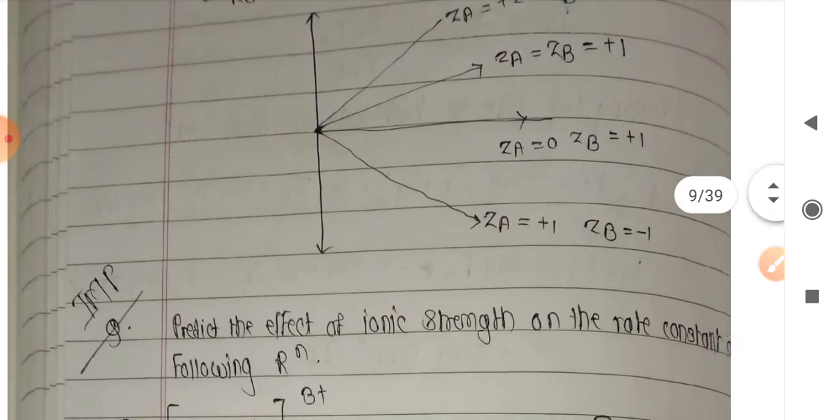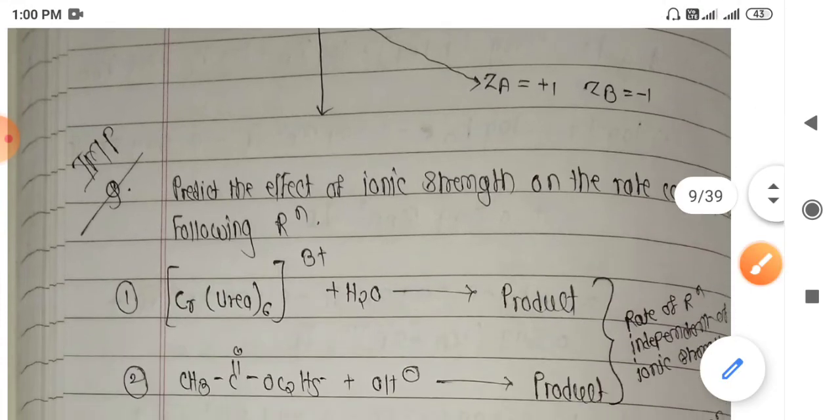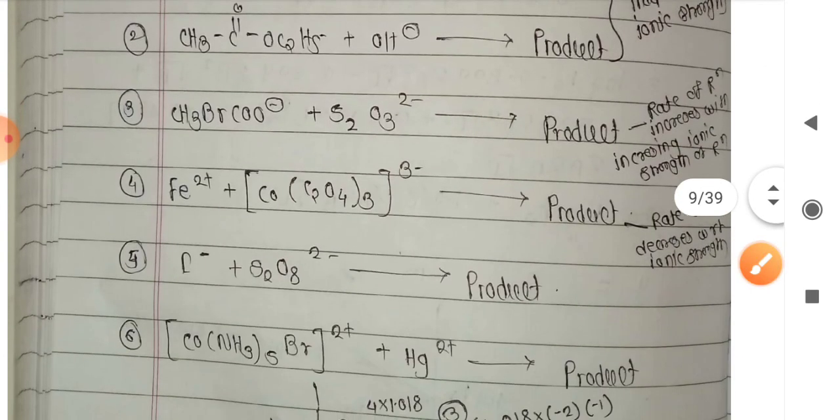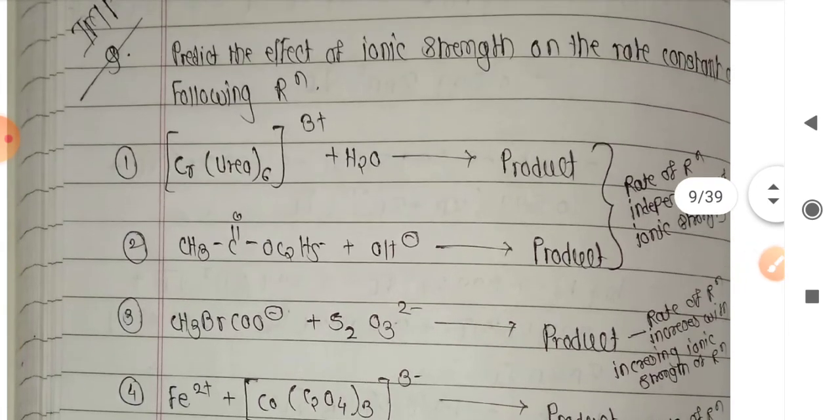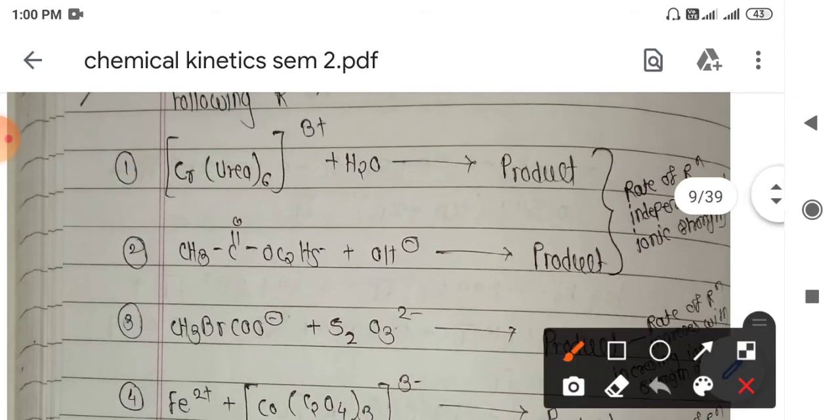So now we are left with only the last effect. There are a few examples that we can see for this effect of ionic strength. Consider first the chromium urea complex having a charge of plus 3 reacting with water.